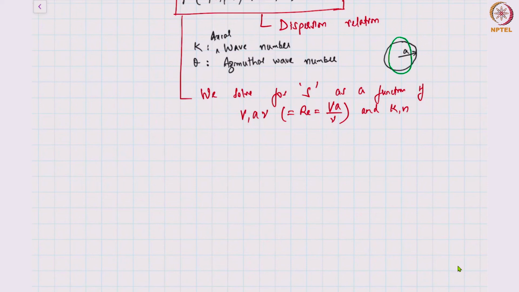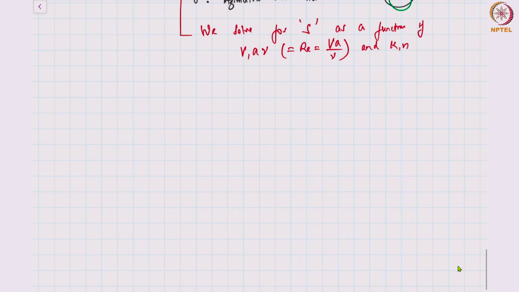Remember, sigma was the real part of S. If yes, then you say that the flow is unstable. So from this I can make a map of this sort, a stability map. A stability map may look something like this.